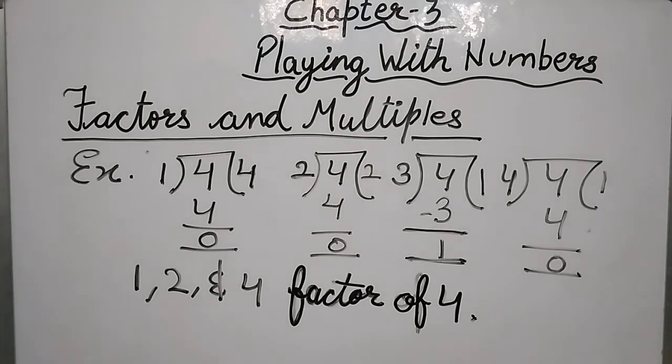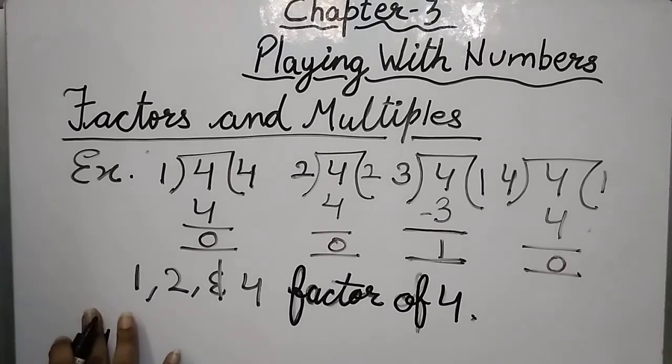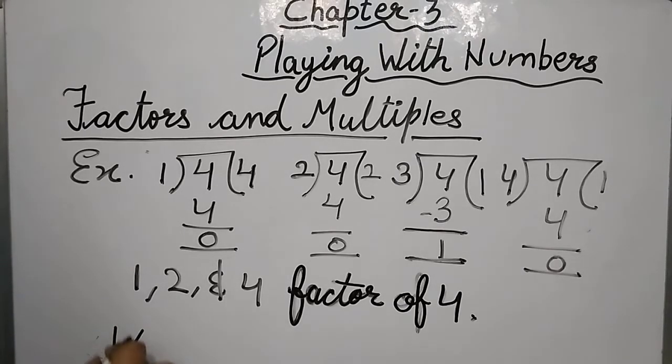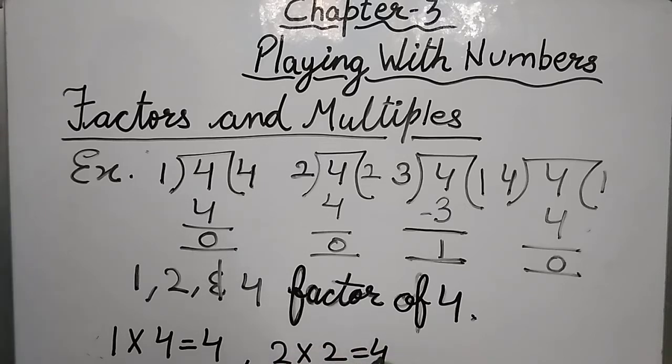These numbers can also be written in a different manner. Like 1 multiplied with 4 gives you 4. 2 multiplied with 2 gives you 4. And 4 multiplied with 1 gives you 4.